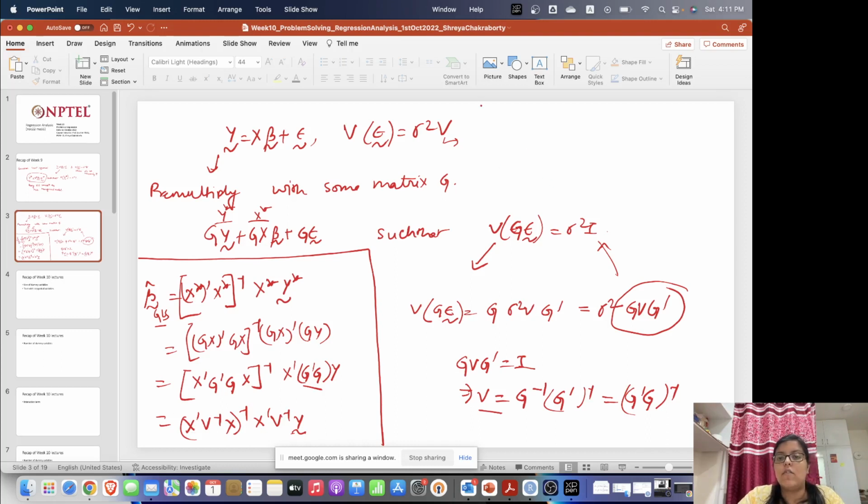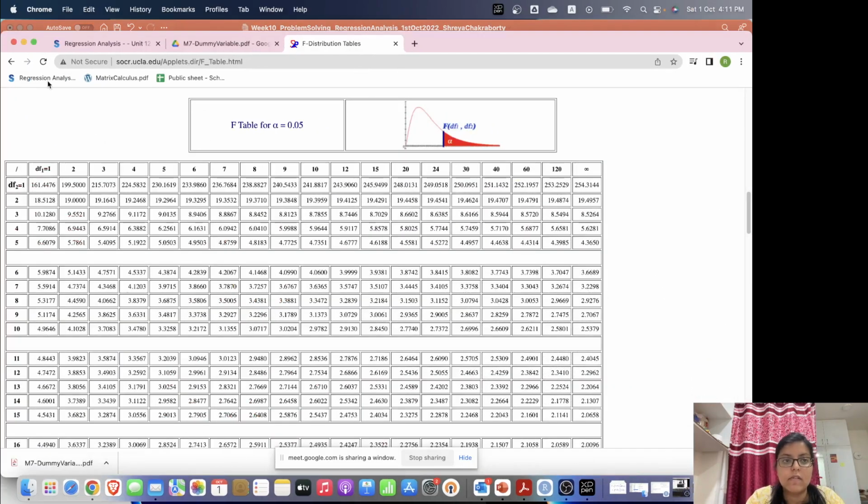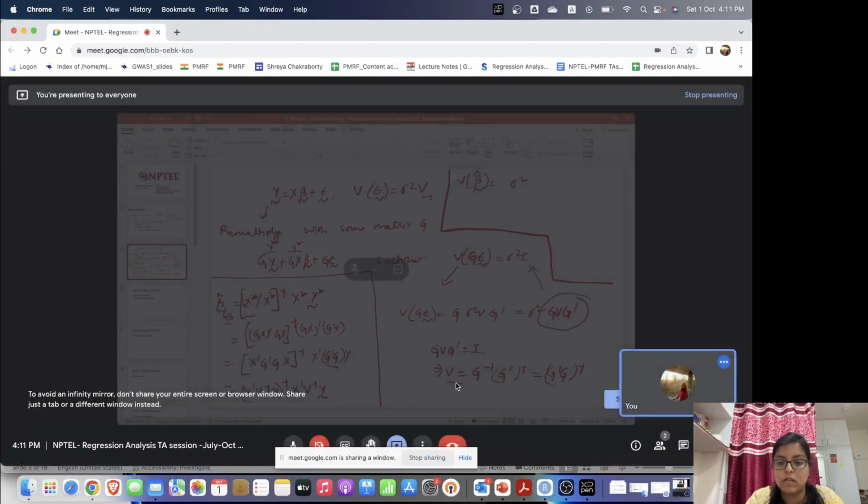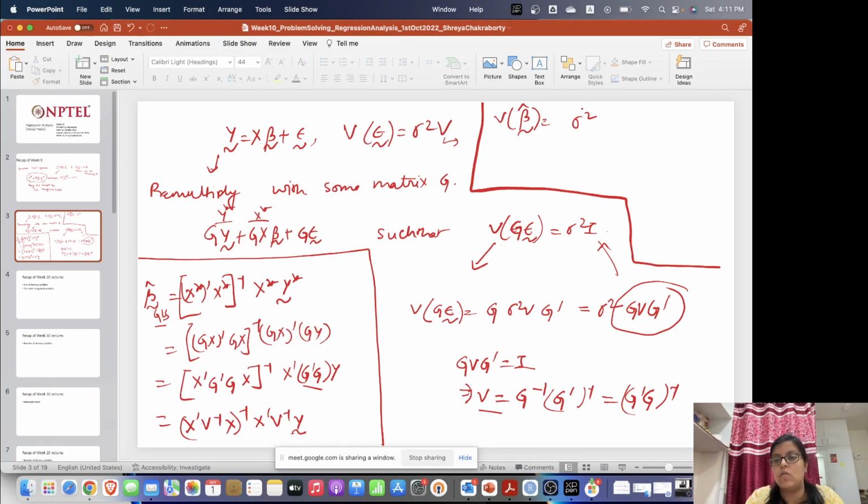Similarly, if you are asked to calculate the variance of beta hat, then normal OLS would be sigma square X star transpose X star inverse, because these revised quantities satisfy the least squares assumptions.